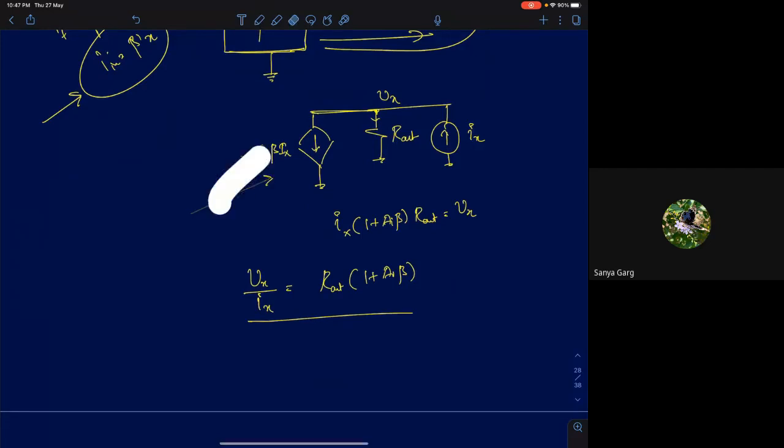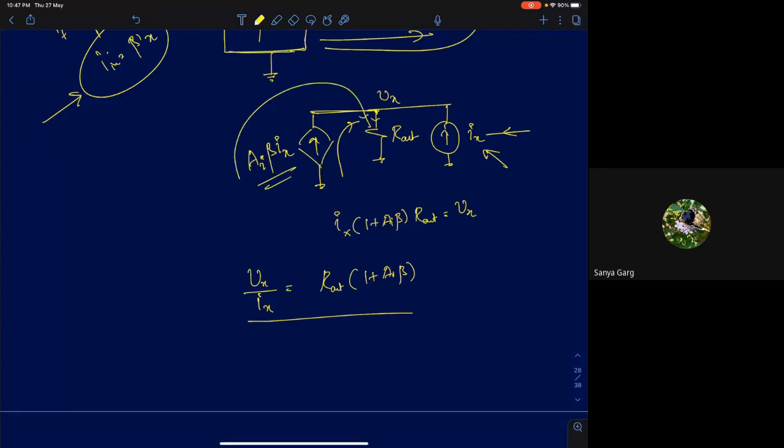I'll probably directly write this. So if I'm injecting a current Ix here, because of negative feedback, you're going to have a current AI beta times Ix. So you are injecting a current Ix at the output node, and the amplifier, your feedback network, is still active, and that is generating a current AI into beta times Ix.